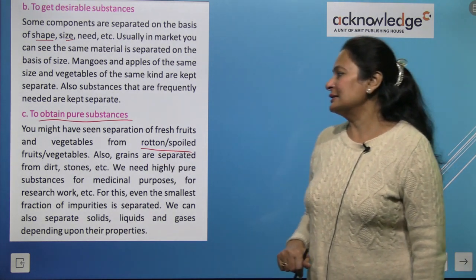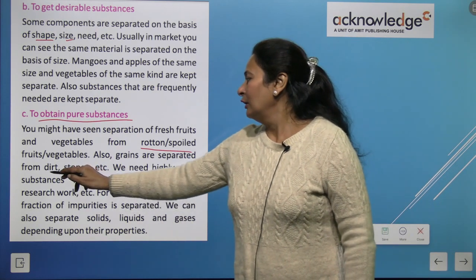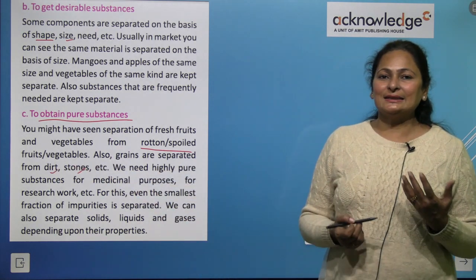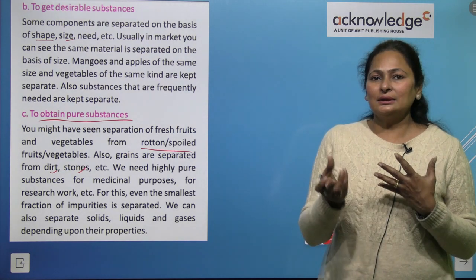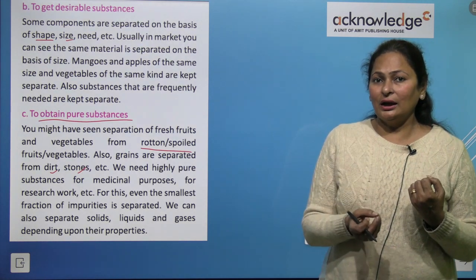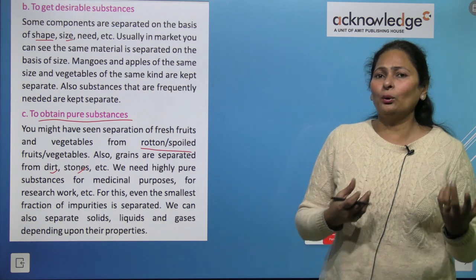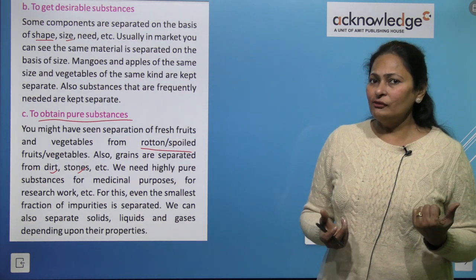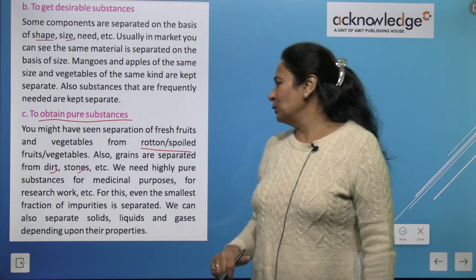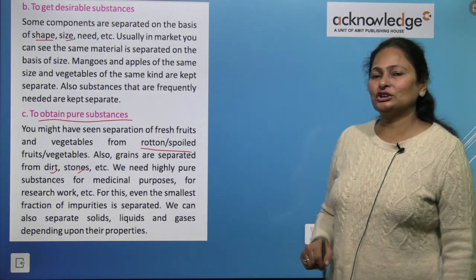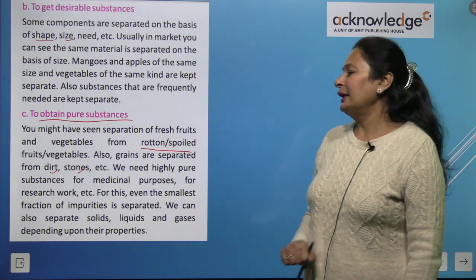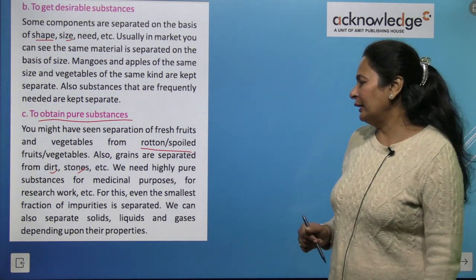Also, grains are separated from dirt, from stones, etc. You cannot eat the pulses with the stones, right? And the cereals, which have the impurities, stone, dust, because it is harmful for us, right? So we need to separate it. Even the smallest fraction of impurities is separated.